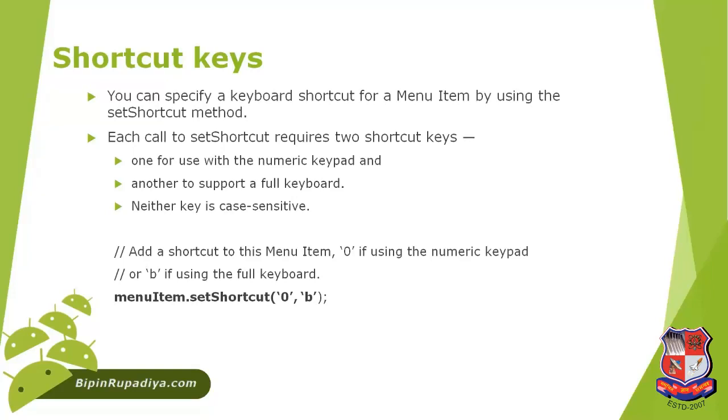So first we will pass 0 to 9 for the numerical keyboard, and for the other we should provide a specific alphabet. It is not case sensitive. So that you need to specify over there, so that is utilized as a shortcut key of your menu item. Two options you need to provide, first for the numeric and another for your full keyboard as a character output.